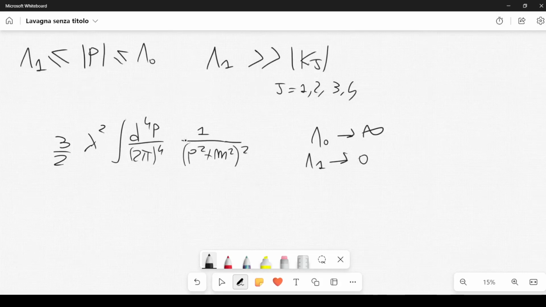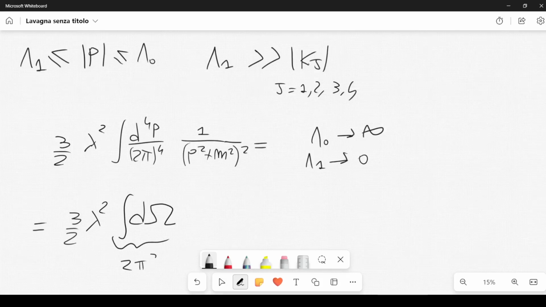So first let's compute the integral without doing all the steps, but the way to compute the integral is this. This is equal to 3/2 λ². We use spherical coordinates, so when we go to spherical coordinates, just like we did in the previous lectures, we will have the integral over the solid angle in 4 dimensions, and the solid angle in 4 dimensions, if you recall, is equal to 2π².